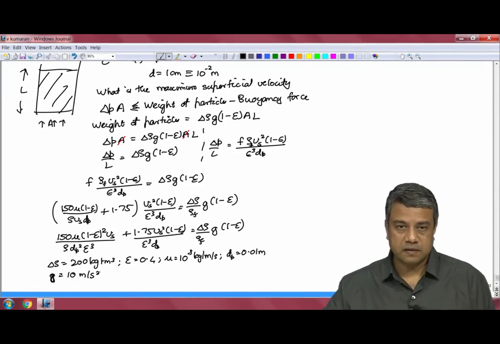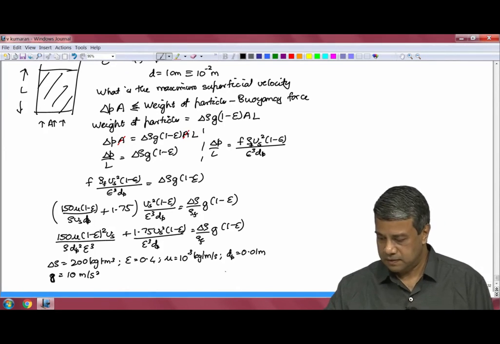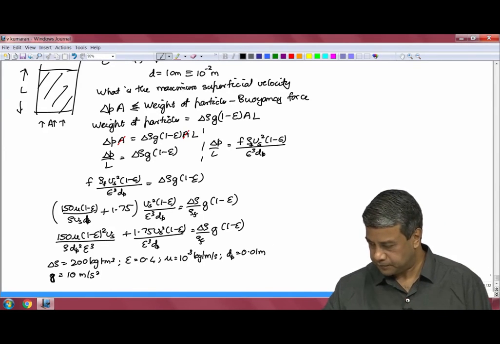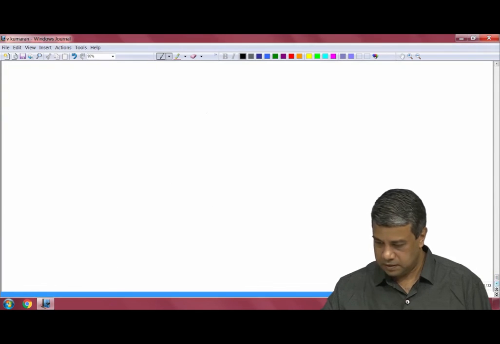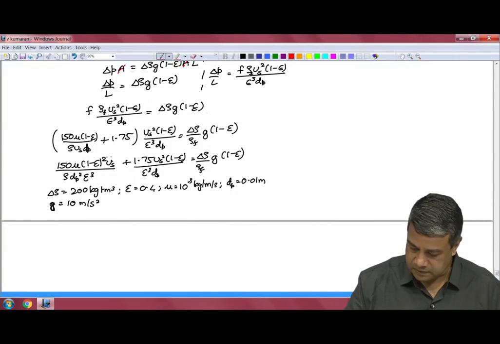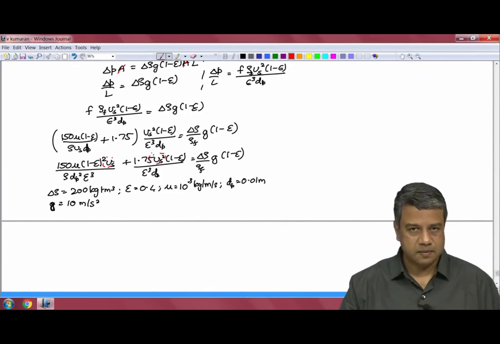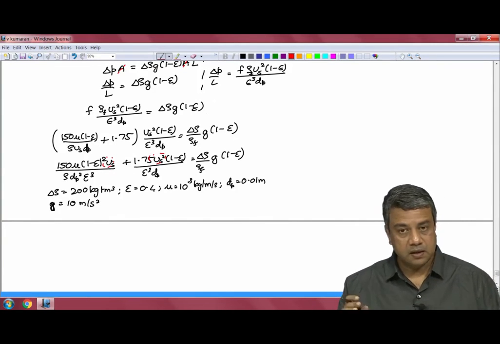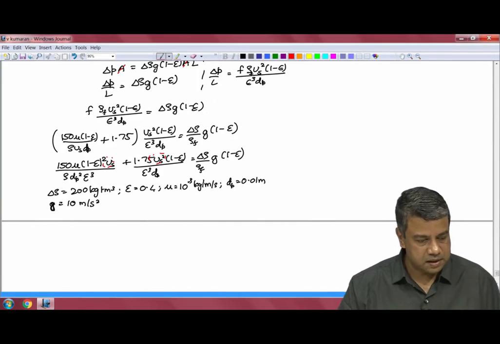Substitute all these numerical values into this formula and I will get a quadratic equation for the velocity, because you can see that this first term contains velocity to the first power, the second term contains velocity square and the third term is independent of velocity. All other parameters in these equations I know and therefore, I can solve this.